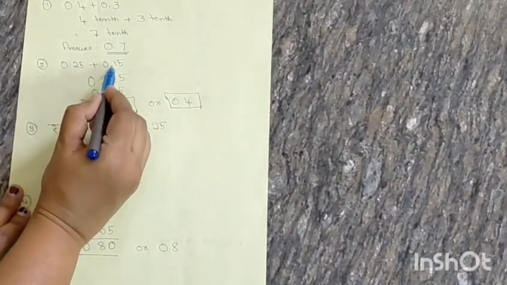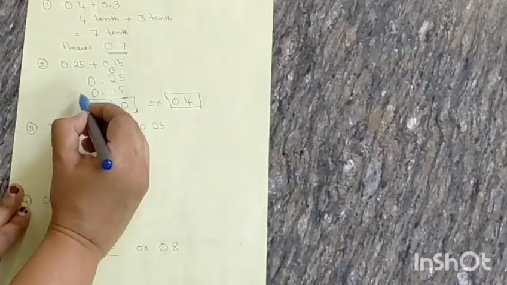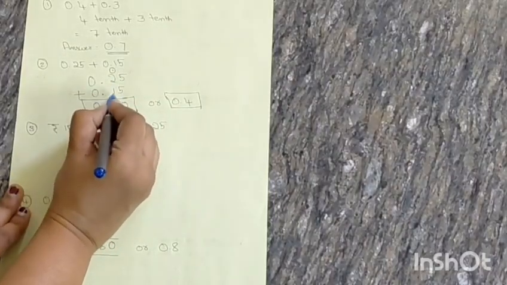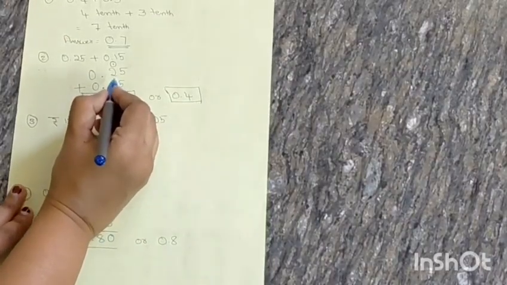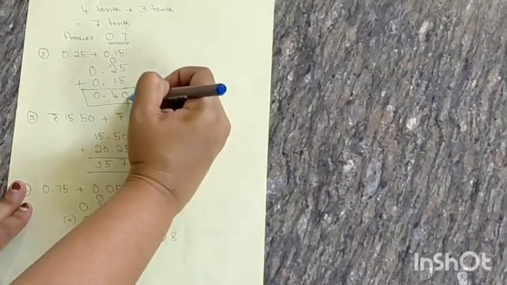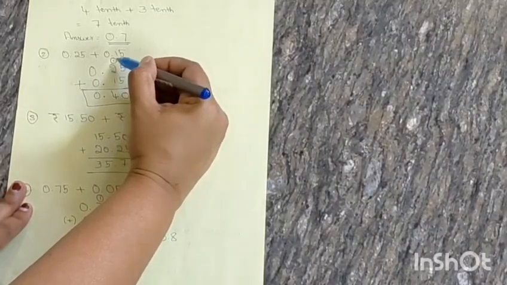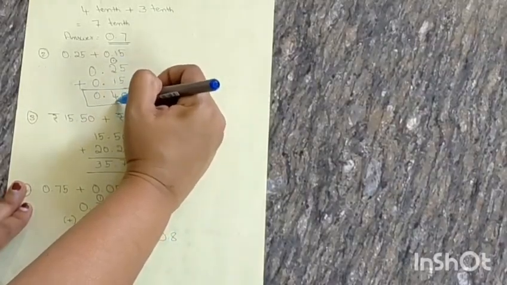0.25 plus 0.15. Add carefully. Let's go step by step. 5 plus 5, 10. 0, 1 carry forward. So 2 plus 1, 3. 3 plus 1, 4.